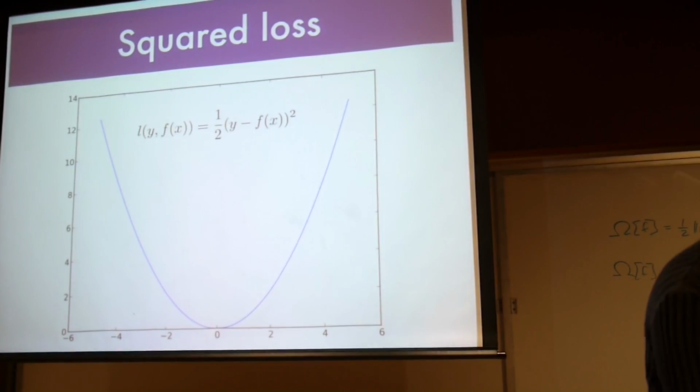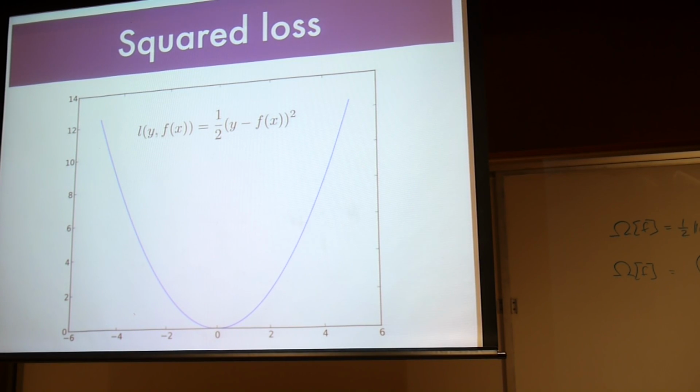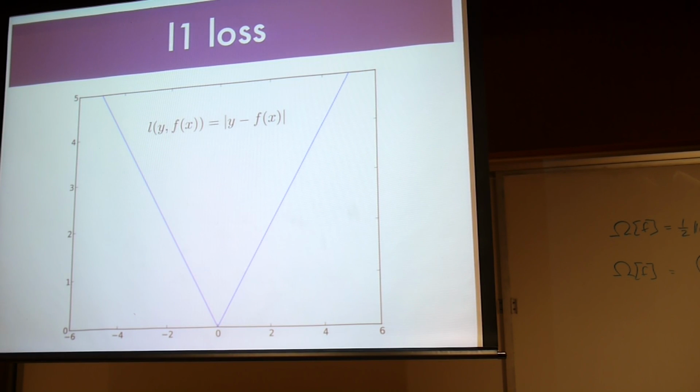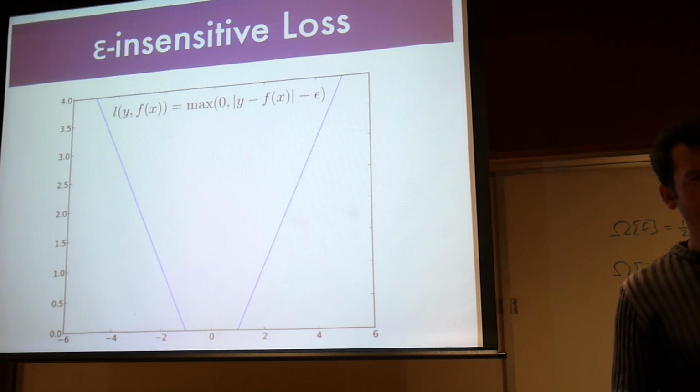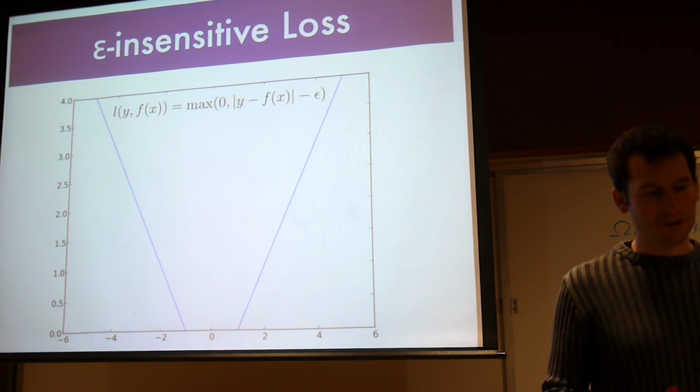So let's put things a little bit more into context. I could have a squared loss. Everybody's seen that before. I could just minimize the deviation between observation and estimate. I could have even an epsilon-sensitive loss, and that was the one put forward when SVM regression was published.